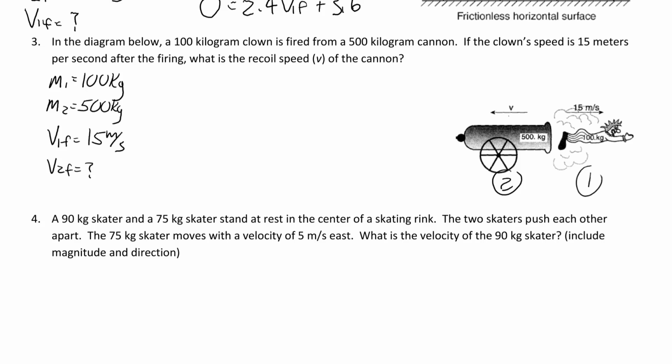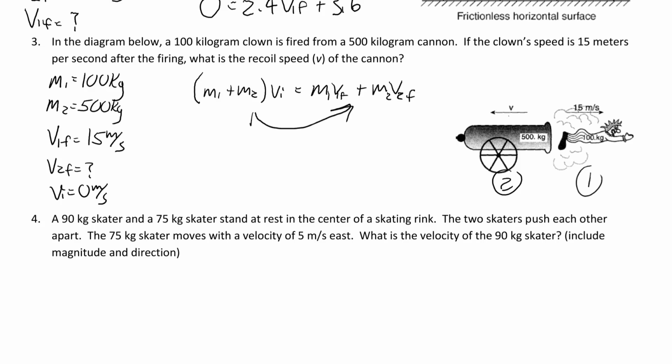They're looking for the velocity of the cannon. And it doesn't say that it's initially at rest, I don't think, but we can assume that the initial velocity is going to be 0 meters per second. They didn't explicitly say that, so if you're having trouble with that one, maybe that's why. Again, these problems are kind of like the inverse, the opposite of the inelastic collisions, because the objects start together, the clown is inside the cannon, and then they separate out into two separate things that have two separate momentums.